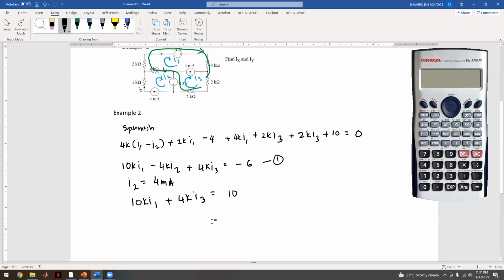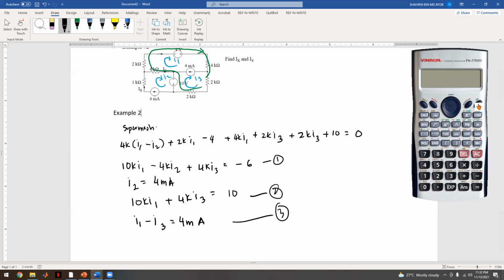Right now you have two variables, so another equation comes from this branch current. As you can see, the current source direction is similar to I1, so you need to write I1 minus I3 equals 4 milliamperes. Now we have three equations: this is your second equation, and this one is your third equation.